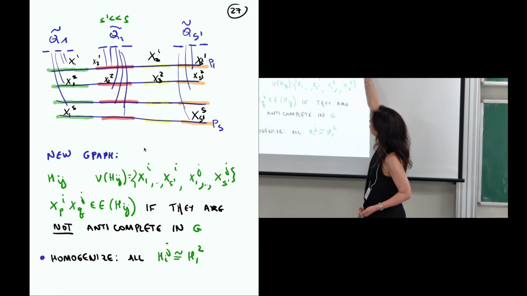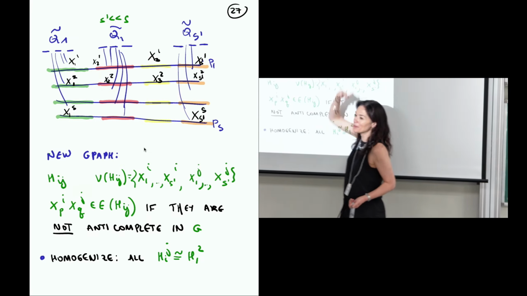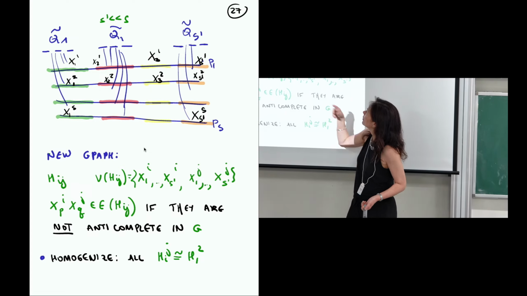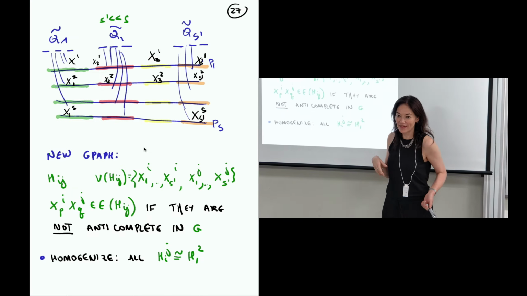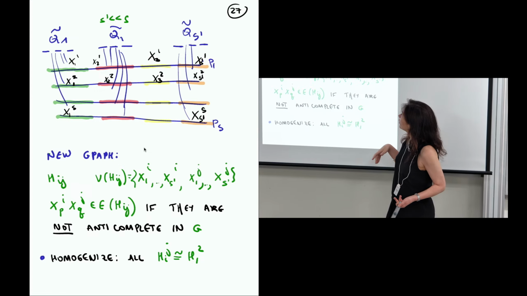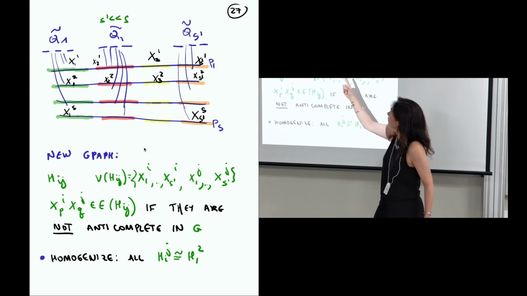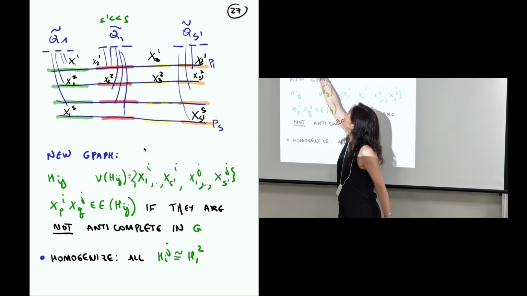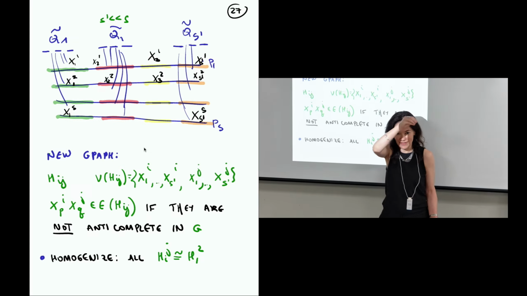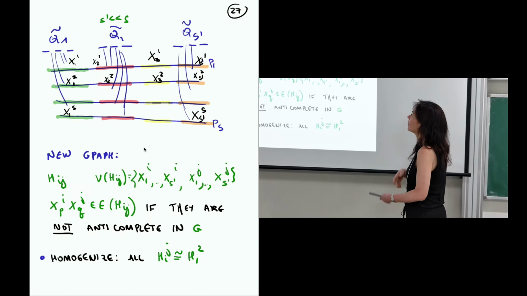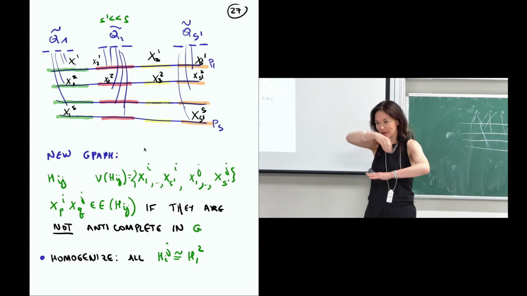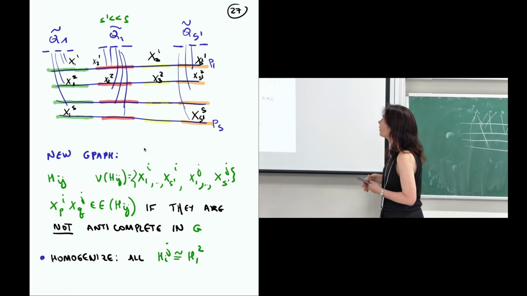So the vertices of the bipartite graph are the colored intervals in path s minus 1 and the colored intervals in path s. And there's an edge between them. Let's say there's a green to red edge if this green has an edge to this red. So it's from top to bottom. For every two paths, it's a bipartite graph that tells me how the intervals interact.